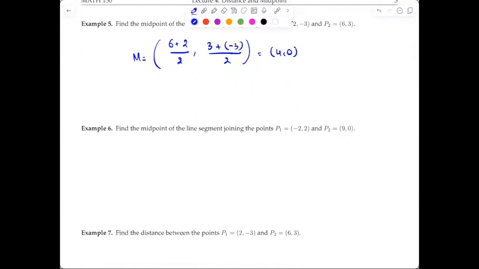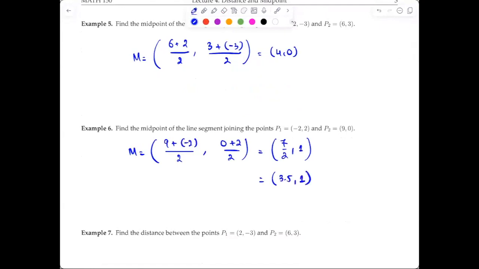The next one, the midpoint should be 9 plus -2 over 2, 0 plus 2 divided by 2. So you get 7 over 2, 1. Or some of you give me 3.5, 1. These two answers should be fine.